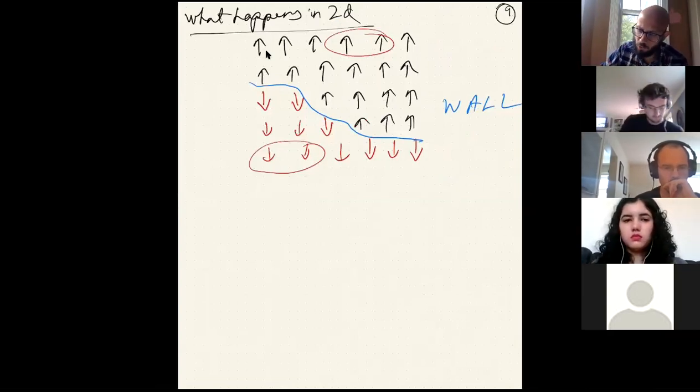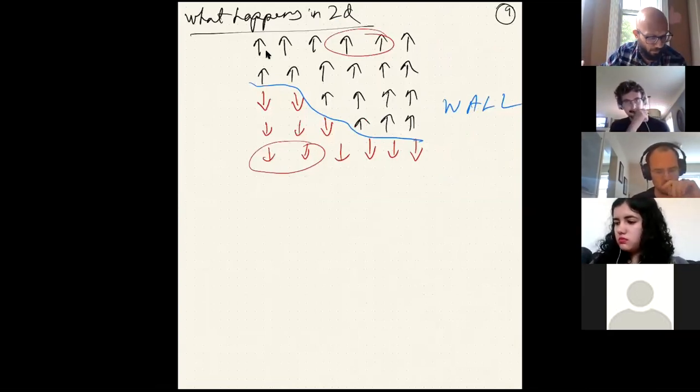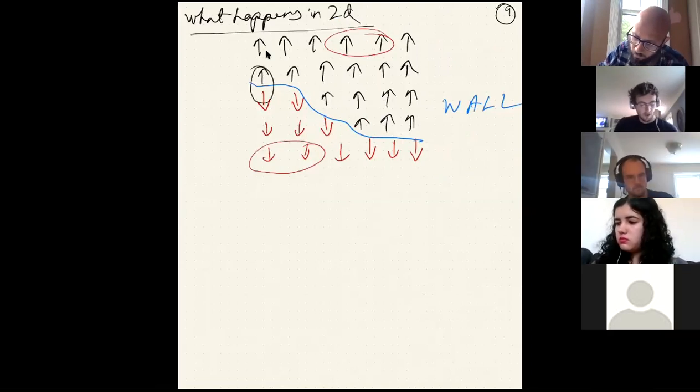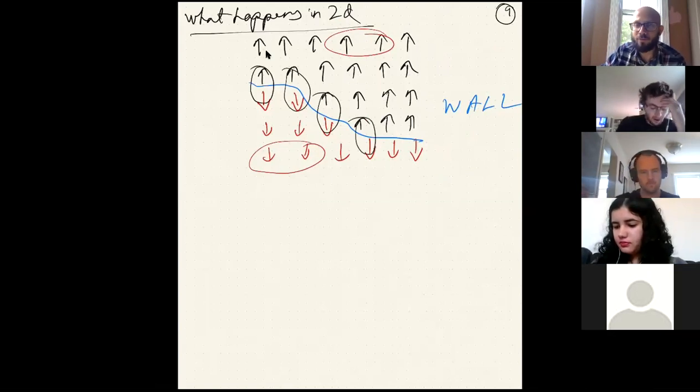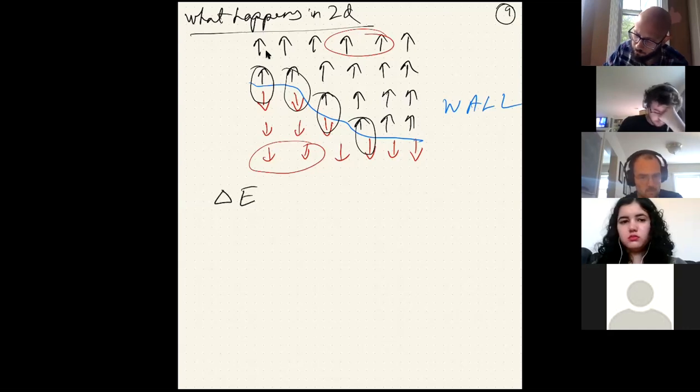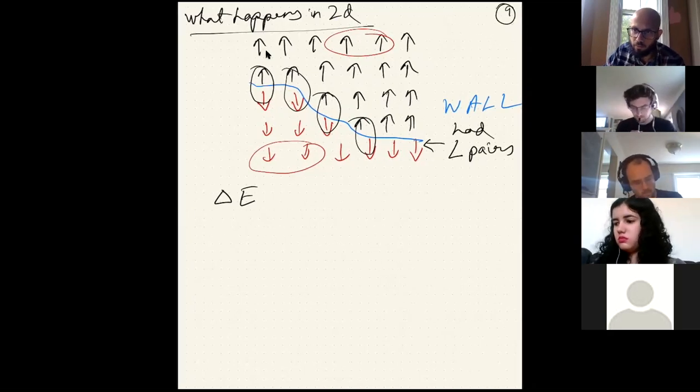Here, the cost, if your domain has n members, so this one is 1 pair, this one is a 2nd pair, this one is a 3rd pair, this one is a 4th pair. And in 2D, you have to be careful about how you define your nearest neighbors. We are not going to be extra careful. We are just going to go with the flow in this case, because we are going to do this mathematically anyway later. So here you can see that delta E, if your wall had L pairs that got broken, what would be the delta E in this case?